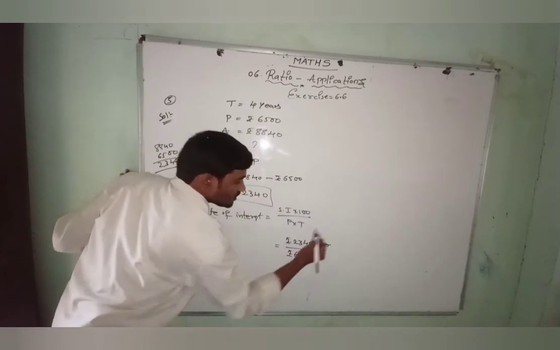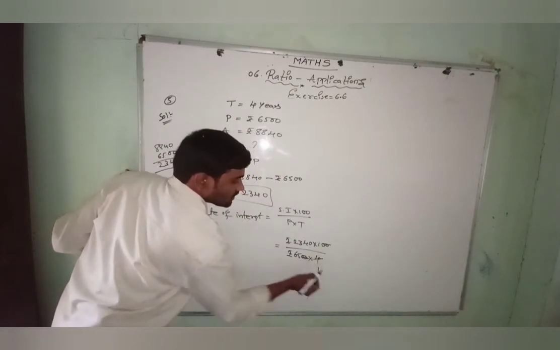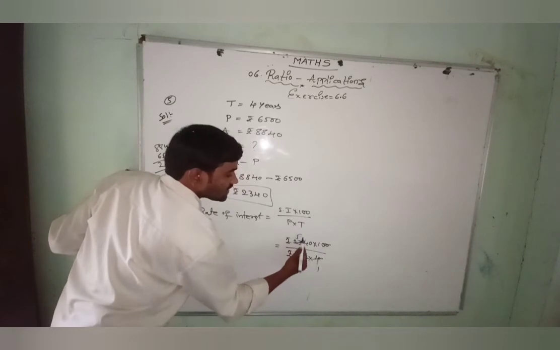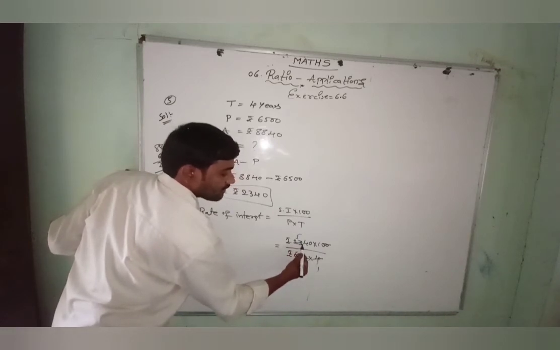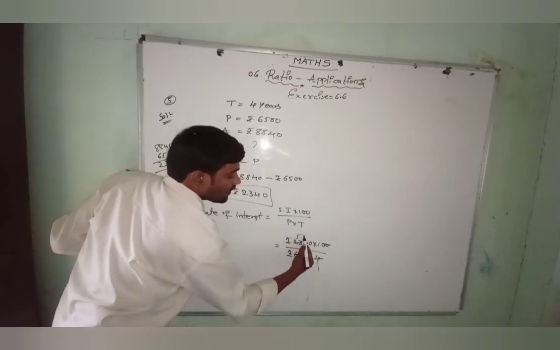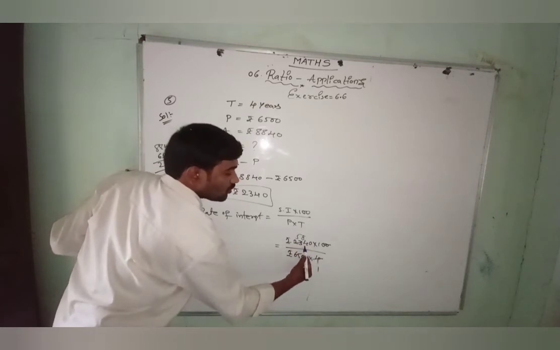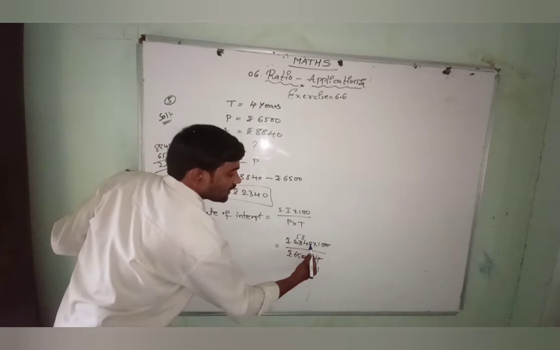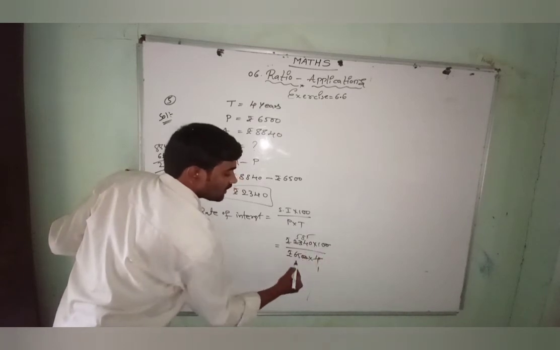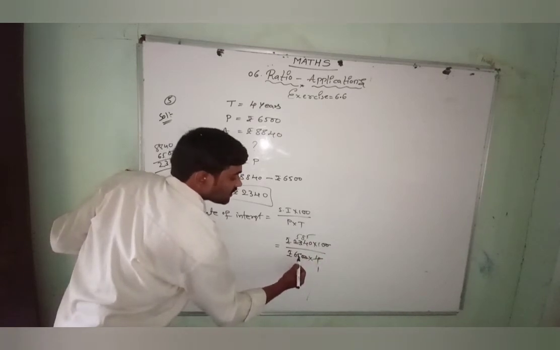Cancel the two zeros. 4 1s are 4, 4 5s are 20, 3 left, so now it becomes 34. 4 8s are 32, 2 left, 20, 4 5s are 20. Here it is just 65.